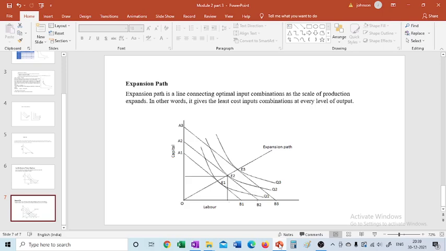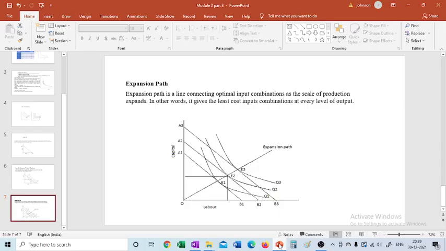One particular least cost combination represents one particular level of output. Another least cost combination represents another particular level of output. So when you connect all the least cost combinations for each level of output, we get the expansion path.